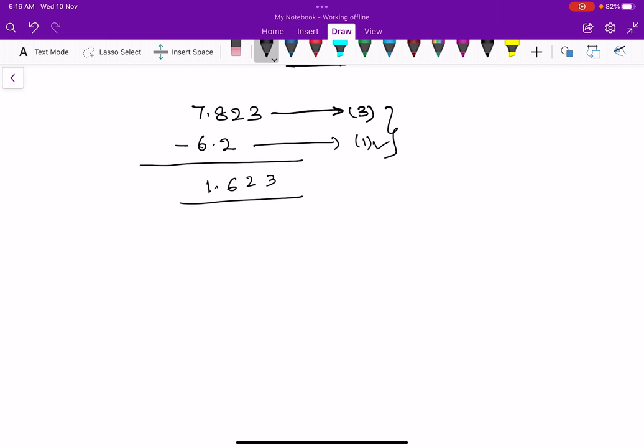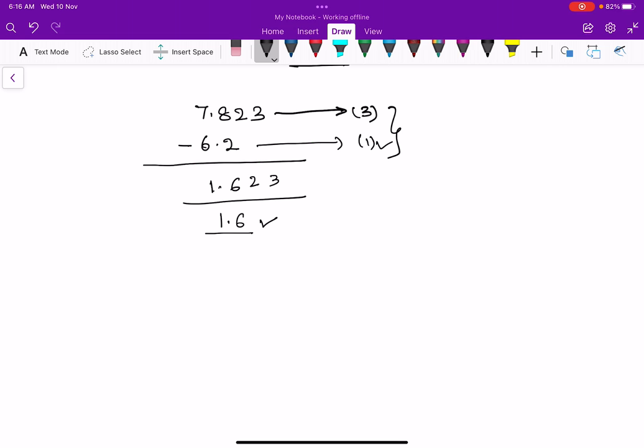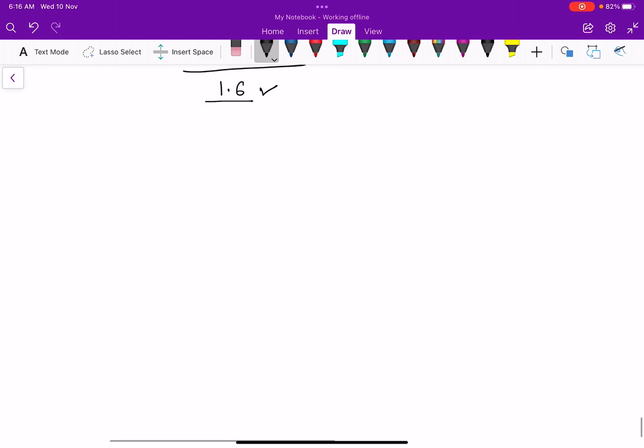The least is 1, so it should contain only one digit after that: 1.6 only. The 2 and 3 can be dropped. That is rounding off. So the answer should contain one digit after the decimal in case of addition as well as subtraction.